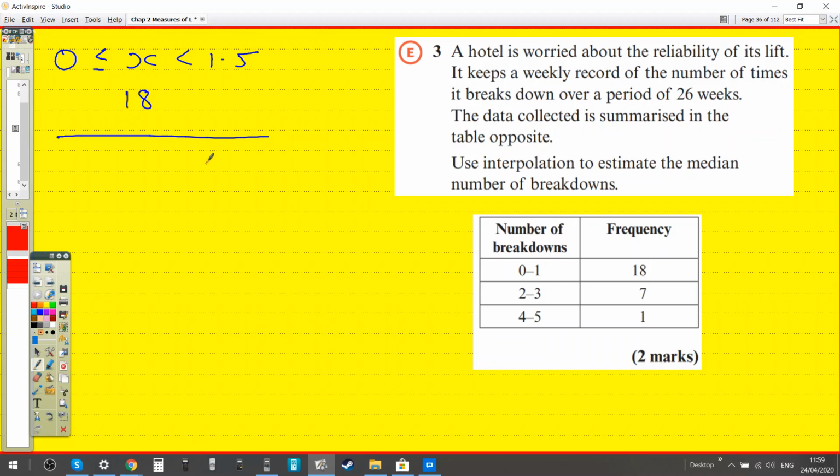And then 1.5. Yeah. So 3.5. Yeah, I think you're okay for those. And what do you do after that?